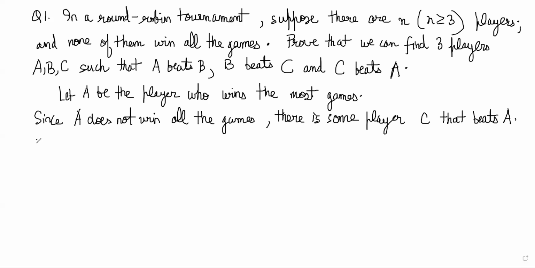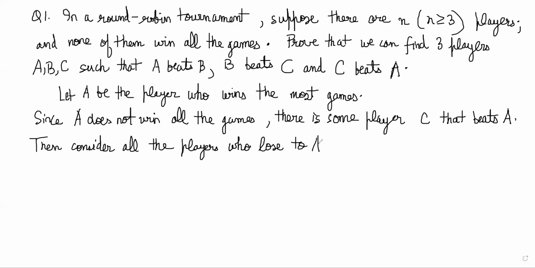Now, then consider all the players who lose their game to A, right? Great. So there will be a set of players who will lose their games to A, right?